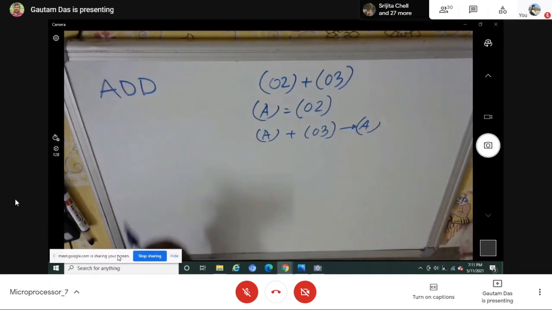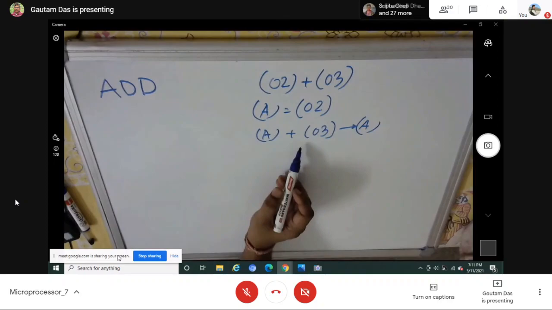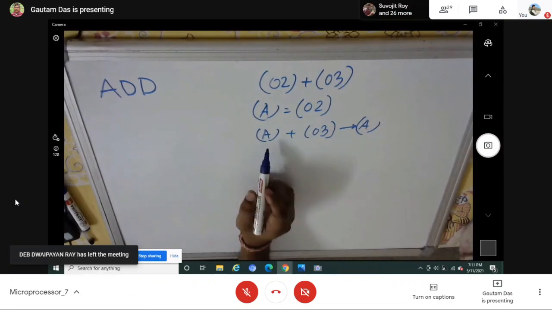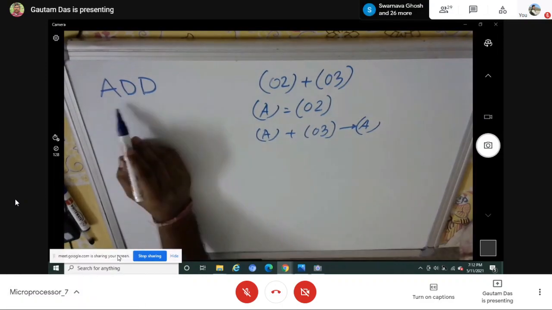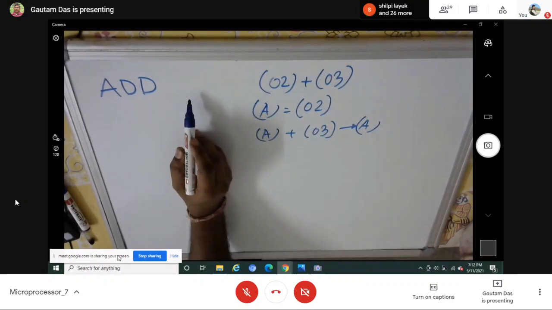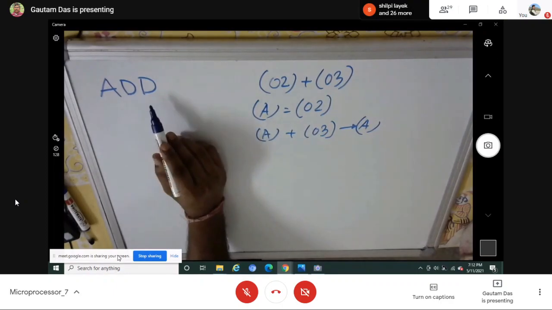Why am I telling this? Because you must keep in mind that for any arithmetic or logical operation, one of the operands, meaning data, must be in the accumulator. For this addition instruction, we are trying to find out what the operand should be. Operand means the data on which the addition will be performed.